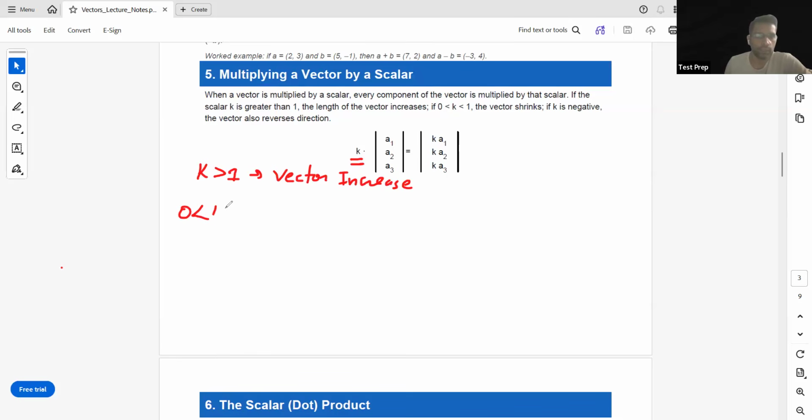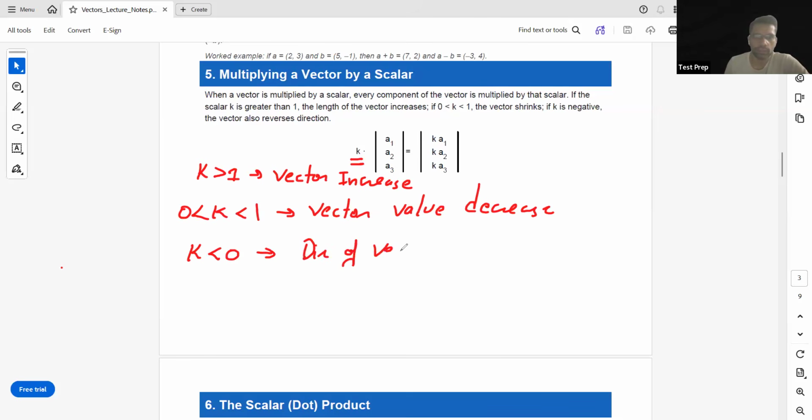If k is between 0 and 1, then the vector's value decreases. If k is less than 0, then the direction of the vector will be reversed. Yeah, we can say it changes.